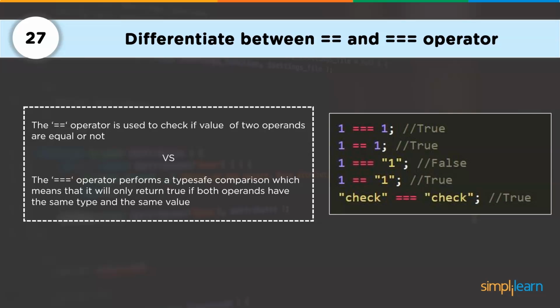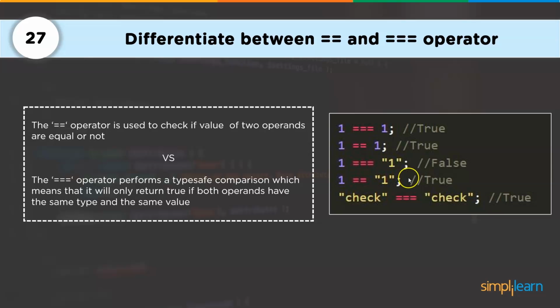Suppose in this case, since they both are equal, it will return true. While in this case, they both have the same type, hence it will return true. Now let us check this double equals.